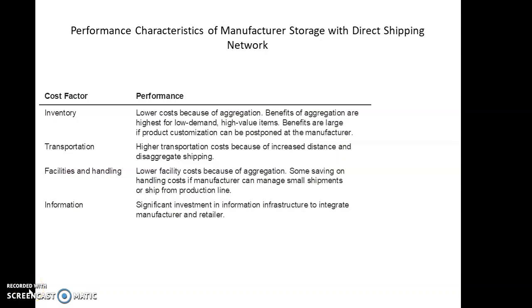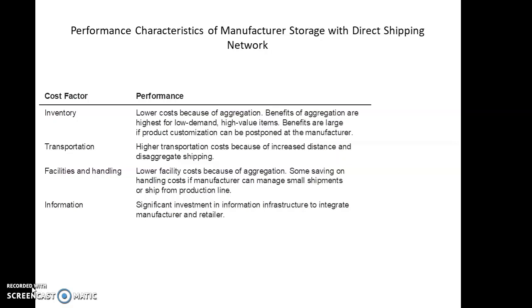Performance characteristics of manufacturer storage with direct shipping network. If you look at the cost factors and the corresponding performance, the first one is inventory. Inventory cost is low because of aggregation. The benefits of aggregation are highest for low demand and high value items.